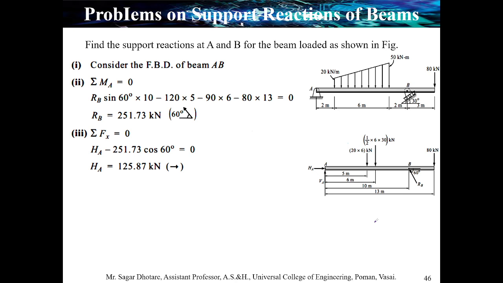That directly gives the value of HA, the horizontal component due to hinge point reaction at point A. Next is the remaining condition, summation of Fy is equal to 0. Here also we have one unknown, the vertical component at hinge point A, VA, which is in upward direction, so it's positive.